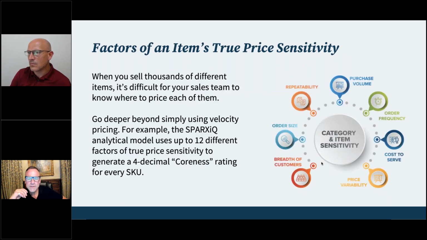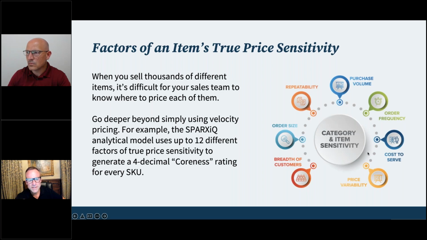So SPARXiQ runs analytics against your customers' market baskets, their sales history, over 12 different variables that predict from a buyer's perspective how sensitive they'll be on those products. So we look at the order sizes, the repeatability, how much volume do they buy of it, what's the frequency of it, what's the relative cost to serve, what's the variability.